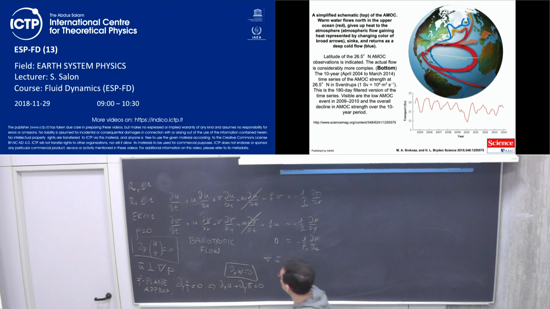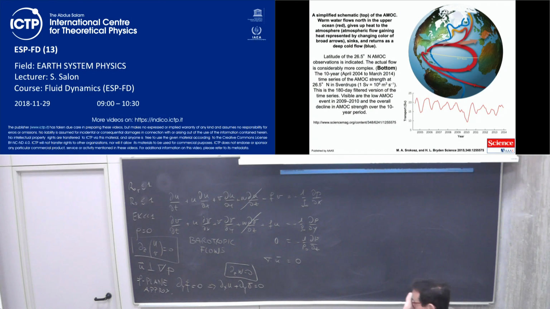So with this new hypothesis, we are going to consider a new kind of flow, called barotropic. This is the third case. First case, inertial oscillation, very simple. Second case, geostrophic flow. Third case, barotropic flows, a little bit more difficult.